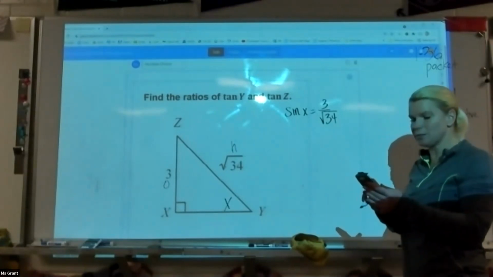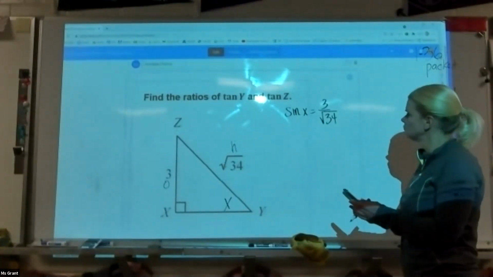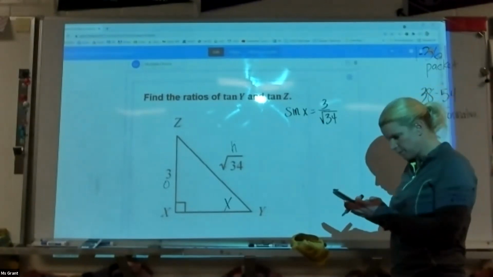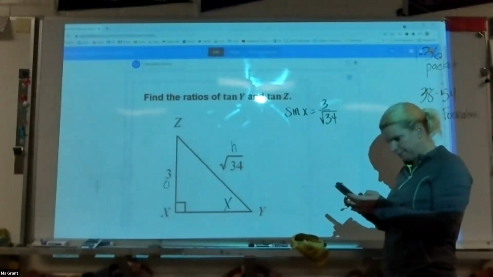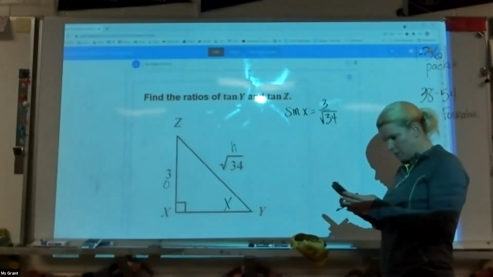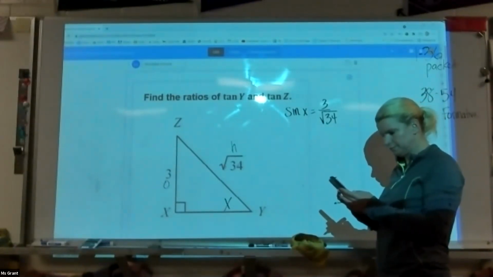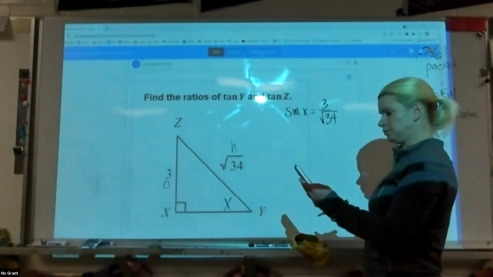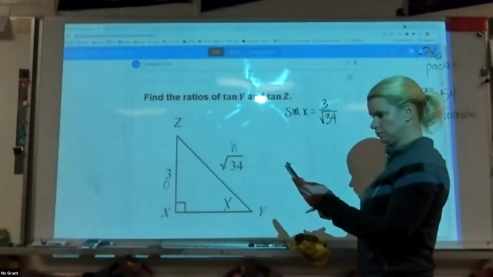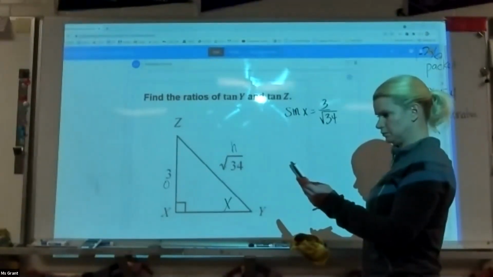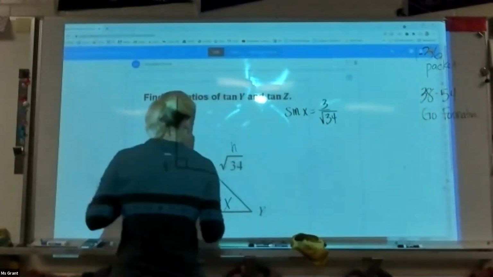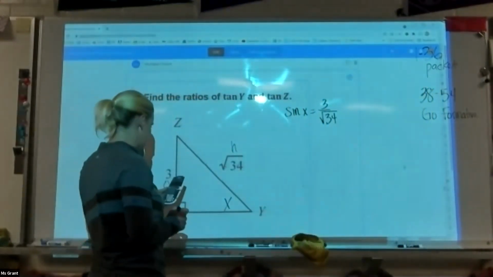3 divided by rad 34. Let's get them in decimal format, please. Opposite over hypotenuse. 3 divided by rad 34. Okay. 0.51. Nope, that can't be.